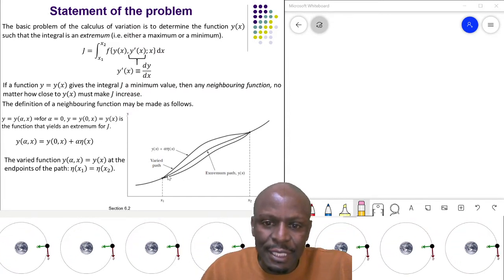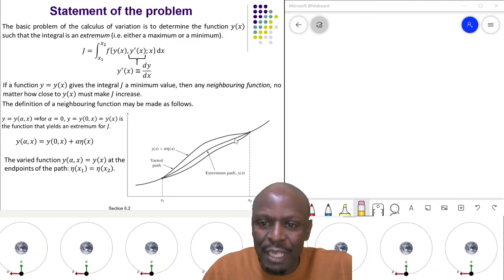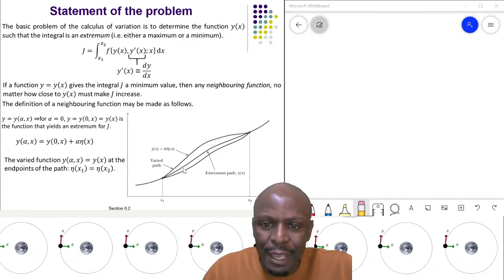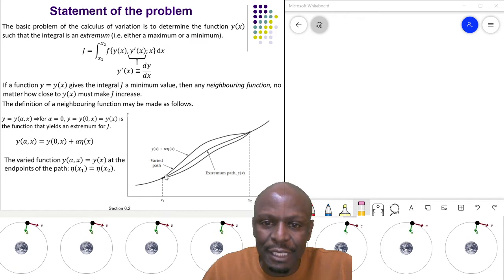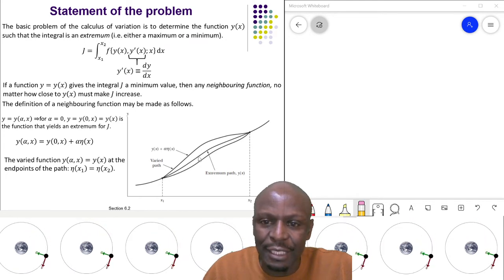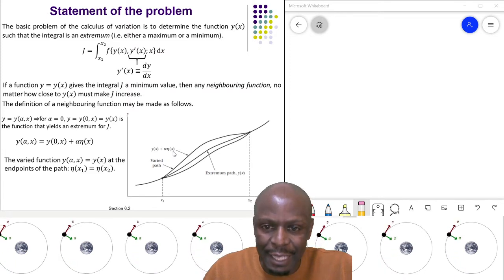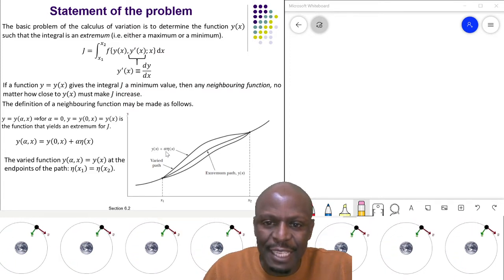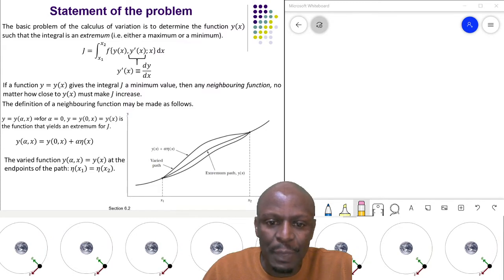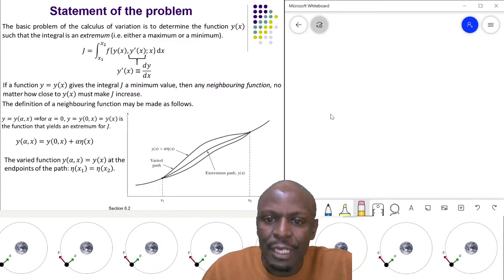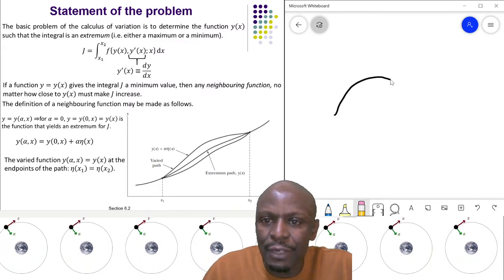So this is the minimum function y, and then the neighboring function is increasing this function by a certain variation called eta of x, where alpha can be taken as a scaling factor. Now I want you to picture this as follows. For example, suppose that you have a function like that.